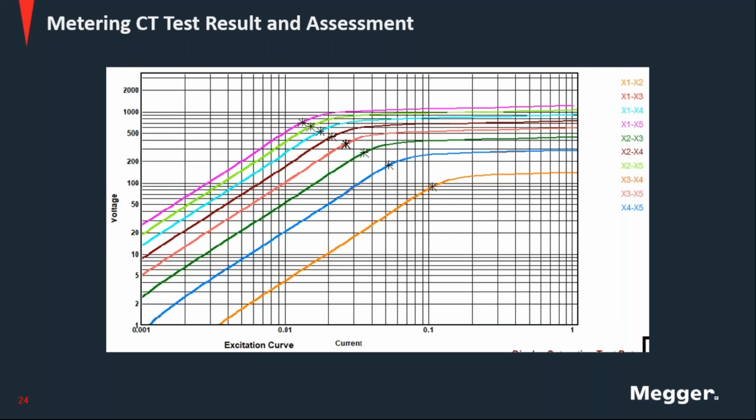So the way it's calculated is we find the point at which the excitation current meets that criterion, and we find the voltage by intersecting that point, the maximum error, with the curve. Then we compare that versus the value that was used in the nameplate of the transformer, because that is a parameter that is asked for on the nameplate of the transformer.